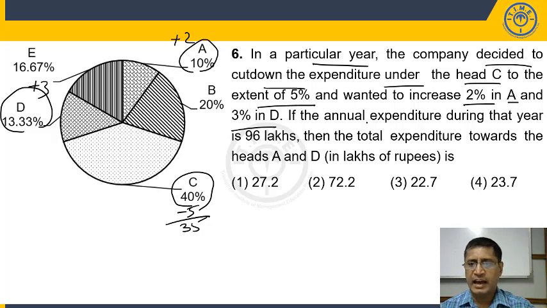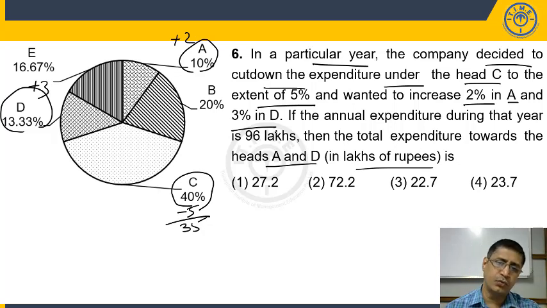Then if the annual expenditure during that year is 96 lakh, the total expenditure towards the heads A and D in lakhs of rupees is. Now A and D we need to find. Total expenditure is given, 96 lakhs. Actually A value is 10 and D value is 13.33. Adding these two we get 23.33.